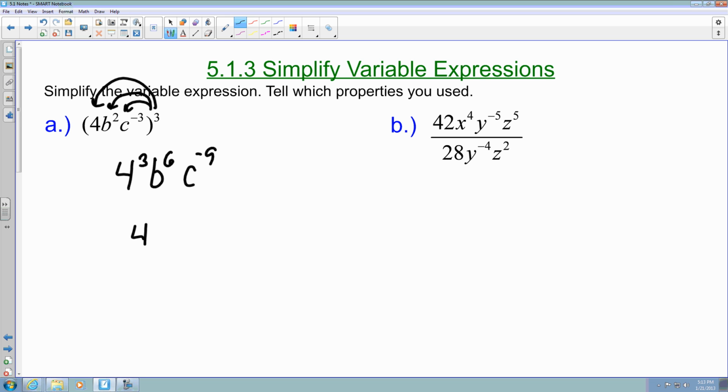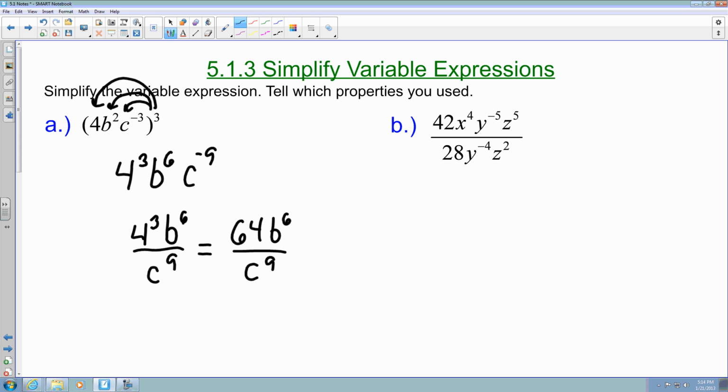So I have 4 to the third power, b to the 6th, divided by c to the 9th. And if I were to simplify 4 to the third power, that would be 64 b to the 6th divided by c to the 9th.